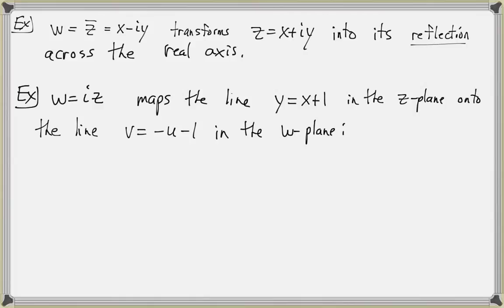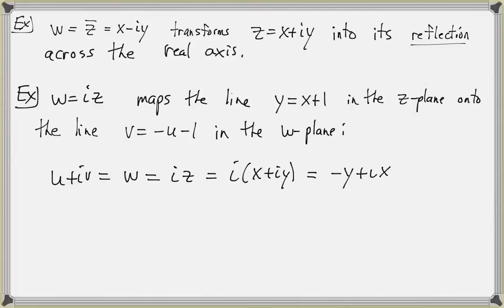So to see this, let's write u plus iv as w, and w equals iz, and z is x plus iy. So when I multiply through by i, I get negative y plus ix.